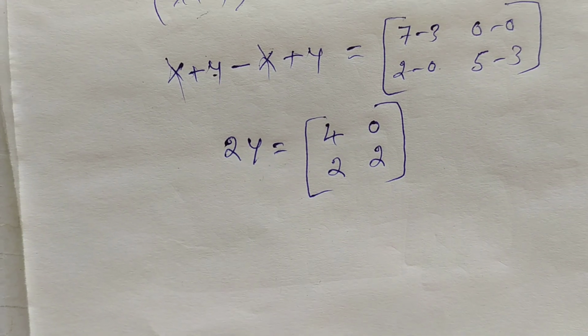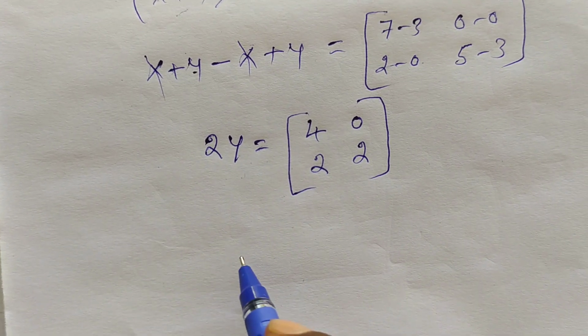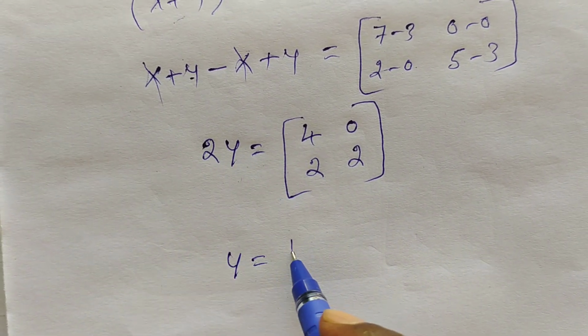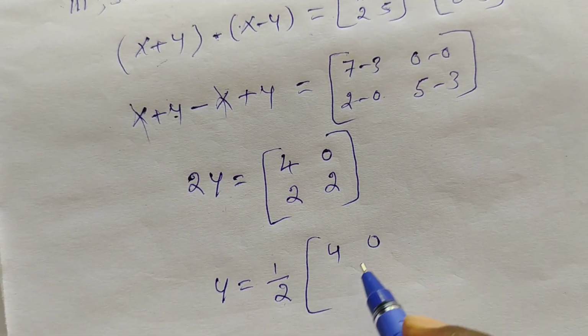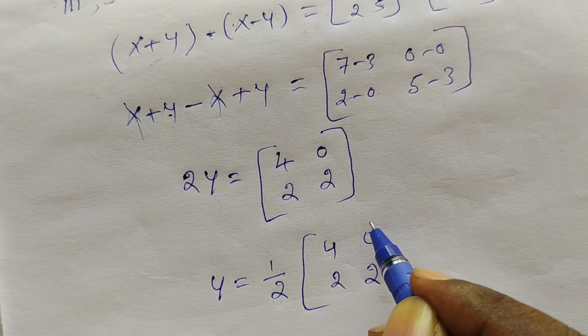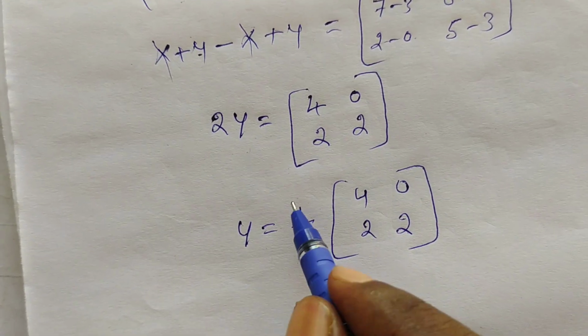Now transfer this 2 into the denominator. Y is equal to 1 by 2 times the matrix 4, 0, 2, 2. Now this is a scalar.